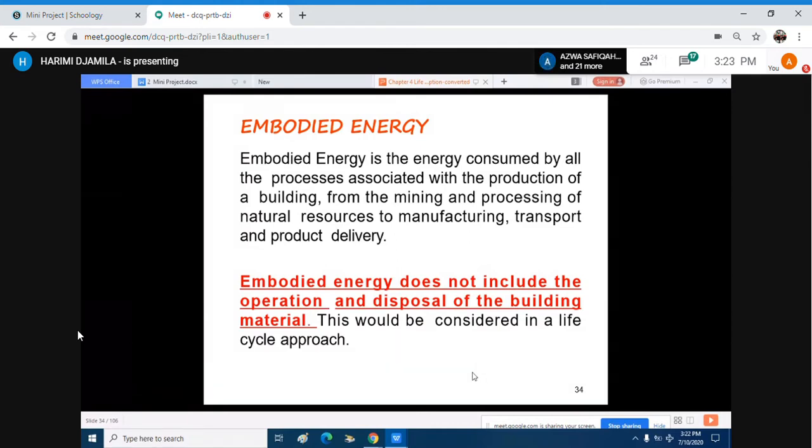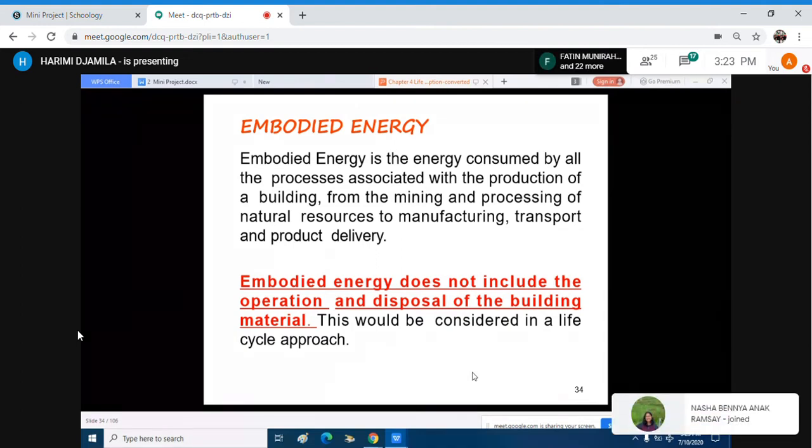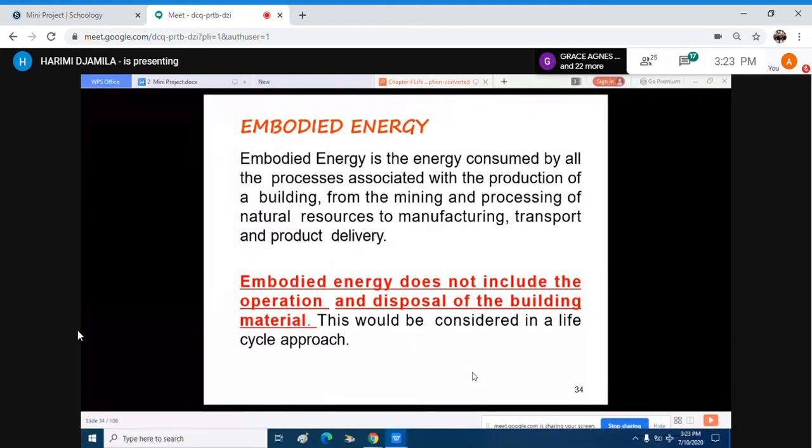Now we start another definition, embodied energy. What is the difference? The embodied energy looks the same as the life cycle cost.